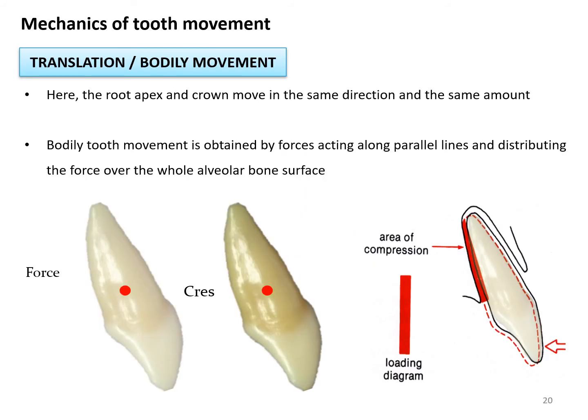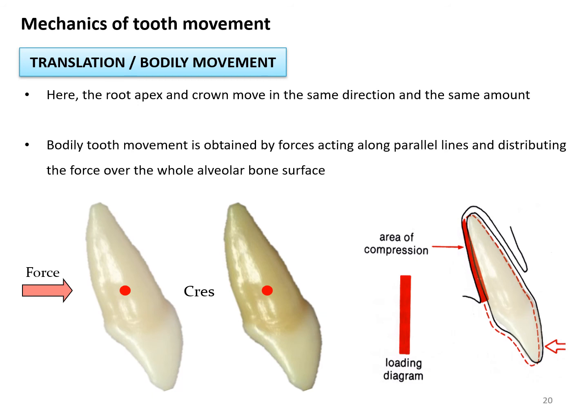Okay, what is translation or bodily movement? Here, when a force is applied at the same level as the center of resistance of a tooth, the tooth will bodily move or translate in the opposite direction of the point of force application.